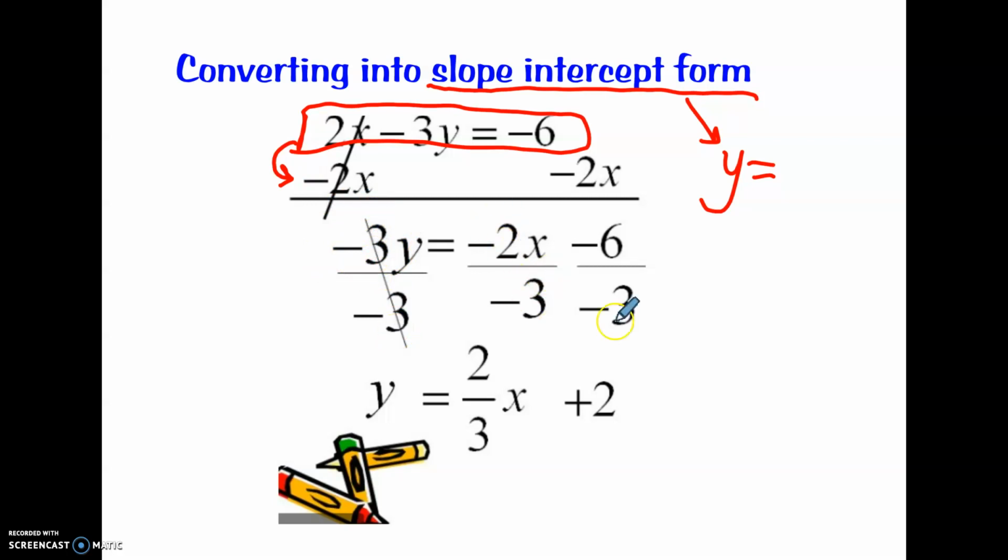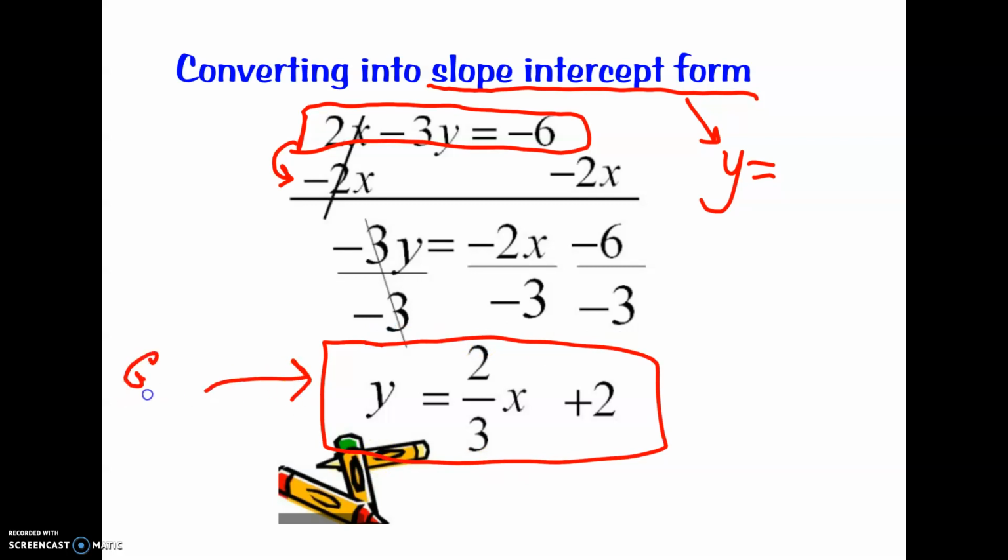And you need to make sure you divide both terms by 3 in order to end up with something in slope-intercept form. So in this format, we are ready to graph. But we can't graph something that starts out in standard form. So no graphing from this one, which is why we need to know the skill on how to rewrite it.